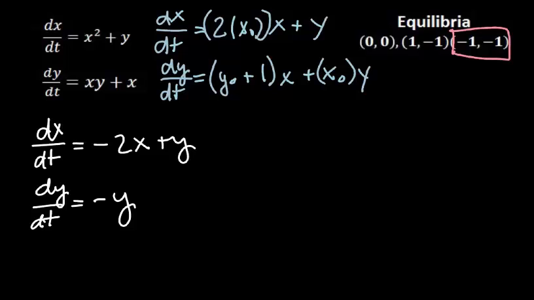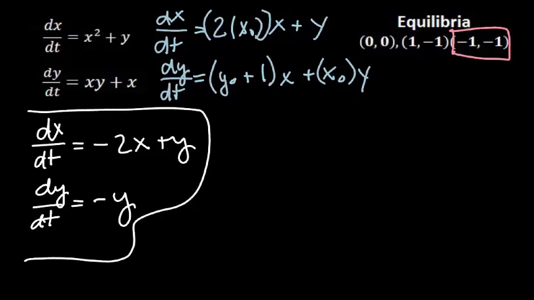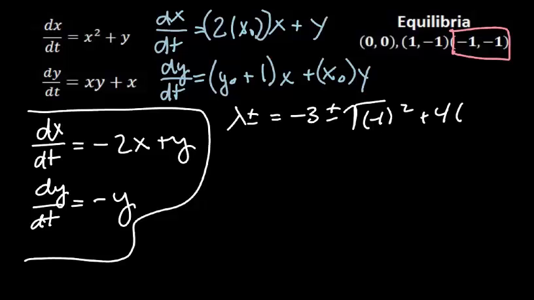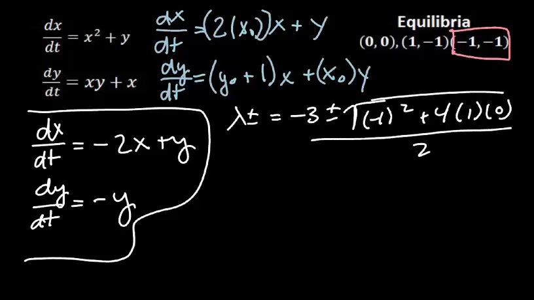And then we can use these values once again to plug into our eigenvalue formula. So our lambda plus or minus is equal to a plus d, so it would be negative 2 plus negative 1, which is negative 3, plus or minus the square root of a minus d, which is negative 2 plus 1, which is equal to negative 1, so it's negative 1 squared, plus 4 times b, which is 1, times c, which is 0, all over 2. And then we can simplify and say that negative 3 plus or minus the square root of 1 over 2.